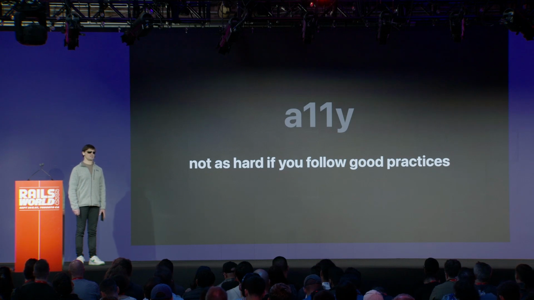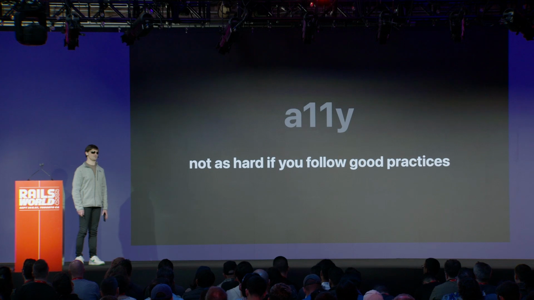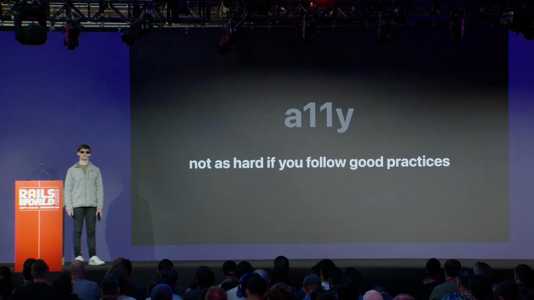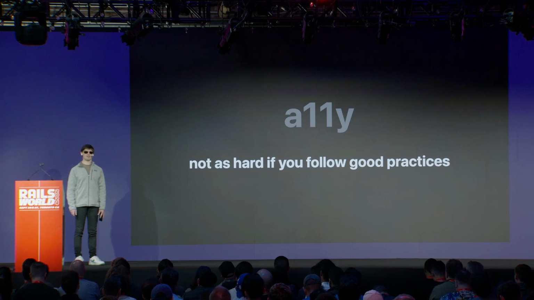But I know not everyone has the opportunity to start from scratch. So if you want to start improving the accessibility of your site, I would start by reviewing the most basic parts of semantics. So for example, check if you are using the right regions and headings.